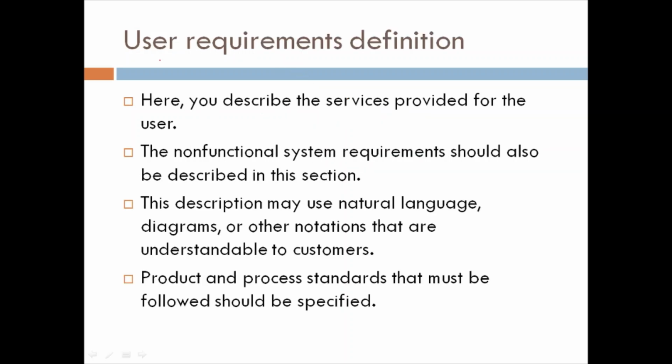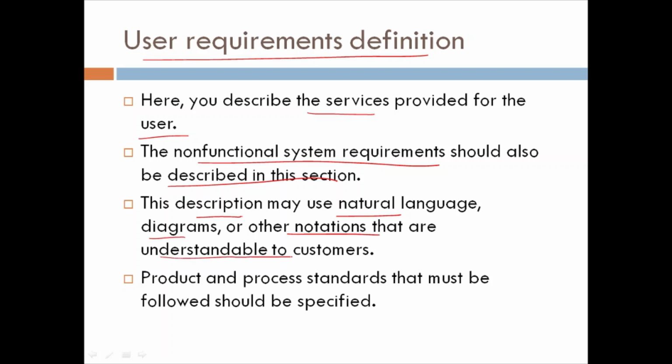Next chapter talks about user requirements definition. Here the services provided for the users are described. The non-functional system requirements should also be described in this section. This description may use natural language, diagrams or other notation that is understandable to the customers.